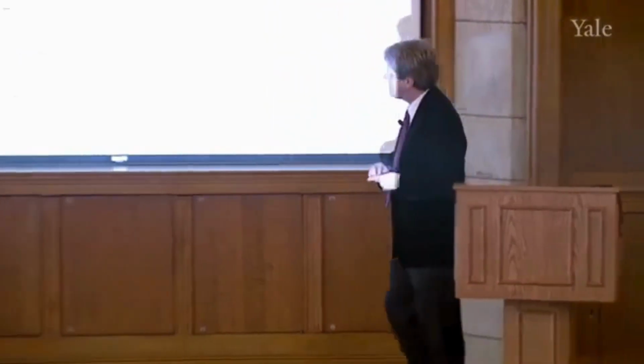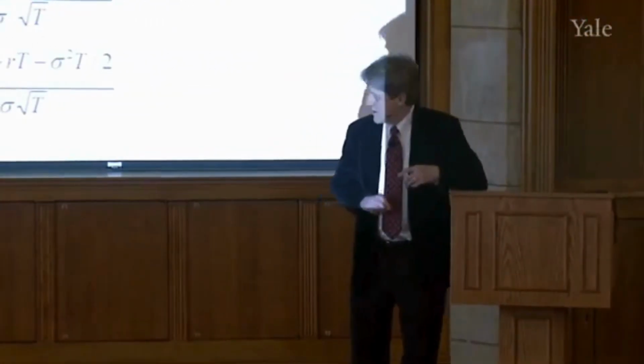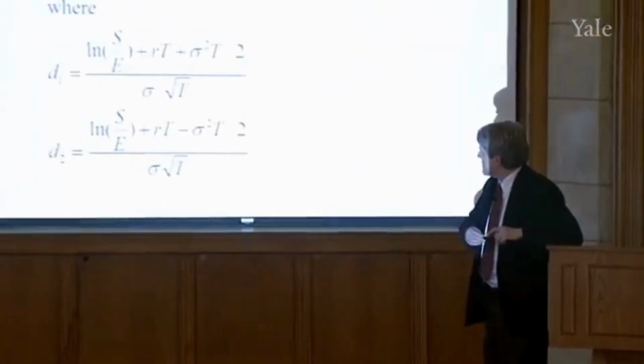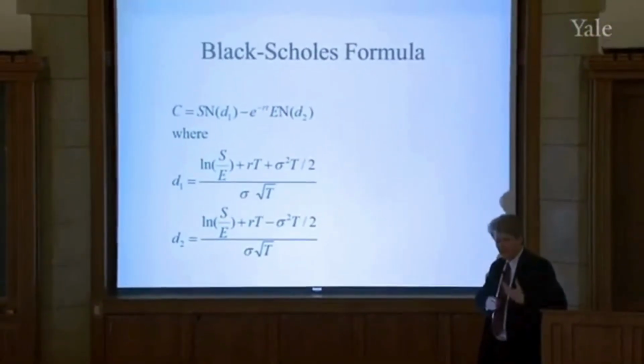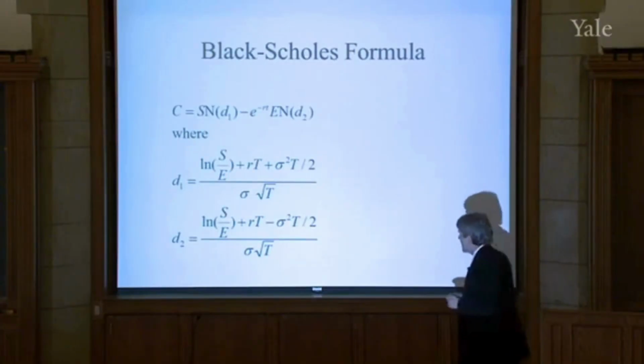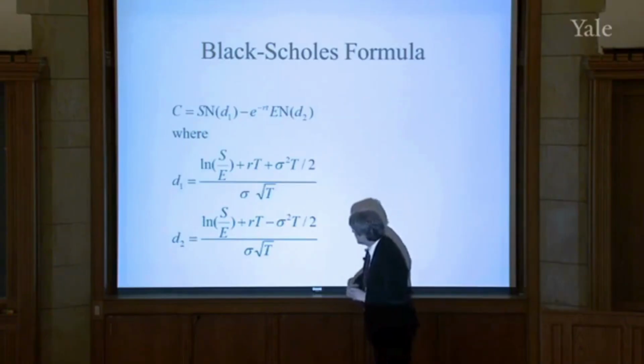This equation can be used either of two ways. The most normal way to use this equation is to get the price that you think is the right price for an option, to decide whether I'm paying too much or too little for an option. So with this formula, I can plug in all the numbers.